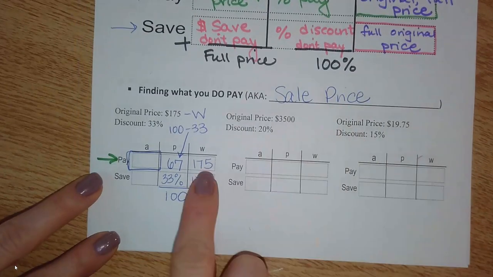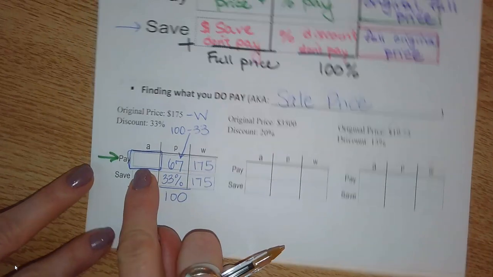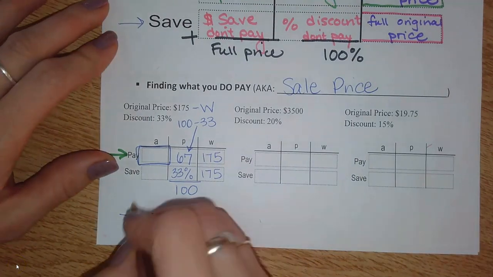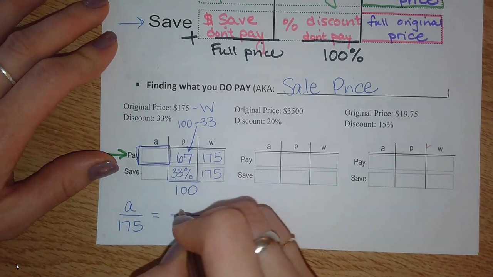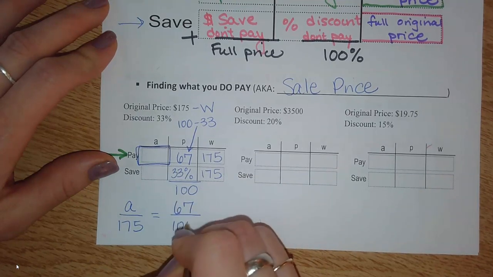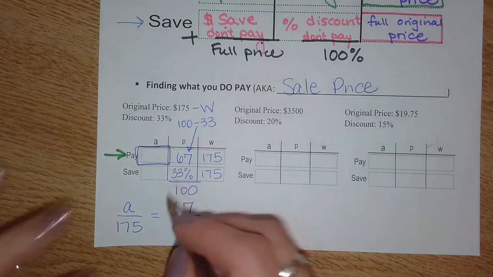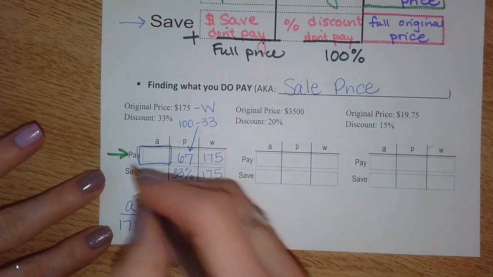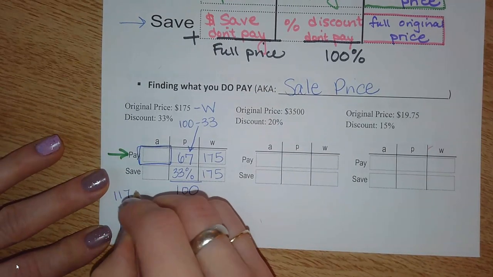Okay, now I have everything I need to use the green proportion. So now I'm going to set it up. Okay, I'm still doing A over W equals P over 100 and cross multiply. So when I cross multiply this, I get, A is, type it in for yourself, but I get 117.25.